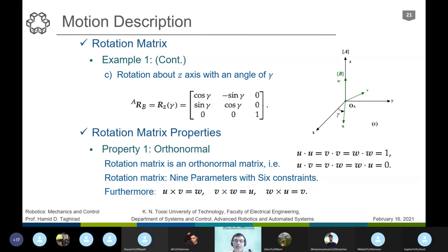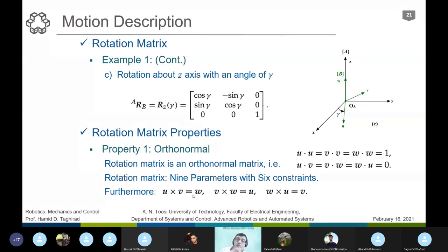And what are these 3 independent variables? We should look into that in terms of the physics and the conceptual understanding of that. Furthermore, we can see that u, v are perpendicular, and the cross product of u and v gives w. Just note that you have the right-hand rotation.